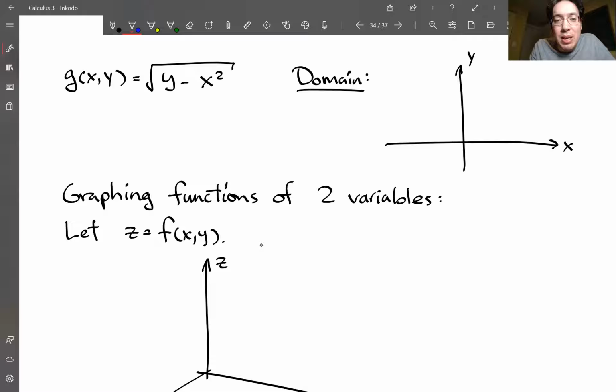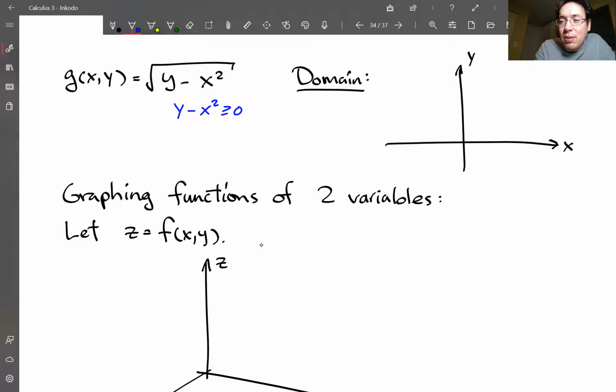So I have to have a non-negative number inside of the square root, right? I can square root 0, and I can square root a positive number, but I can't square root a negative number and get a real number. So for the domain, we need y minus x squared to be greater than or equal to 0.